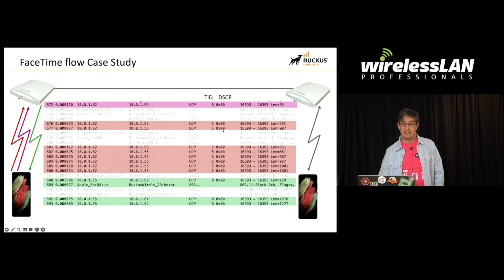One thing to notice is that it doesn't mark the DSCP. So once the Wi-Fi header is stripped off and the packet goes over the wire, the receiving side has no idea that this is a higher priority packet. So when it gets to the AP and goes downlink, it just gets put into best effort. So these are the downlink packets that are just best effort packets.